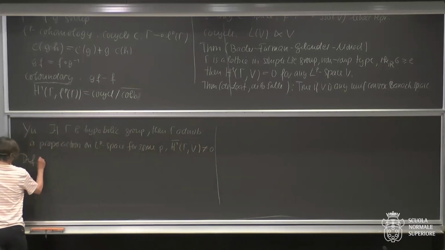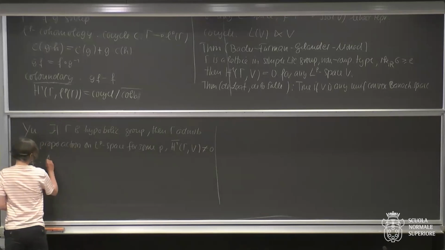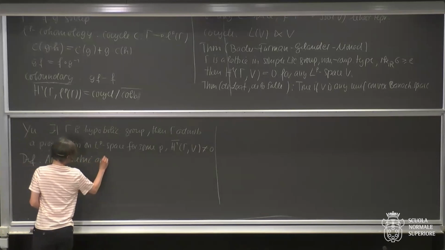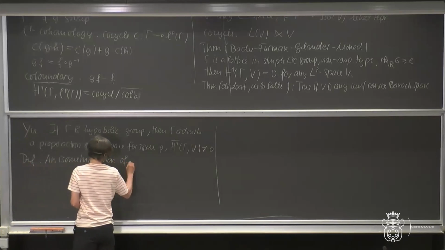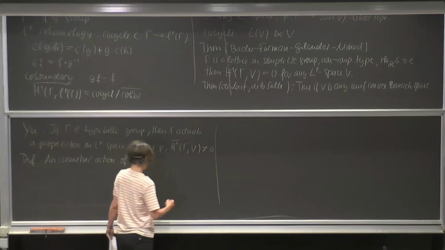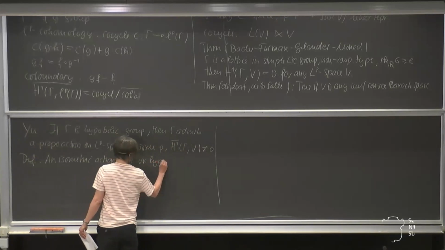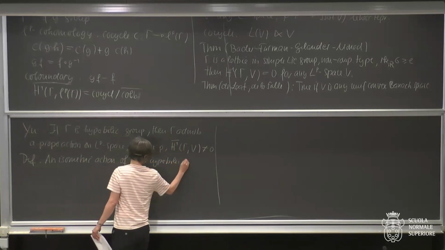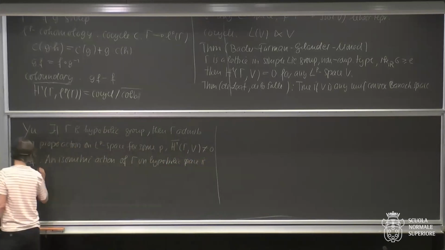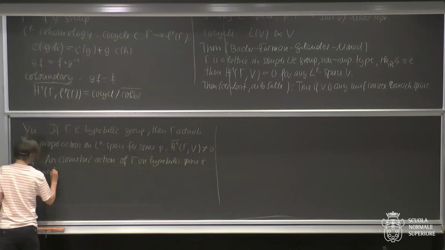So the following definition, which is probably familiar to many of you: an isometric action of a group gamma, again, my group is always finitely generated and discrete, on a hyperbolic space, hyperbolic in the sense of Gromov, is elementary, or say I now write non-elementary.